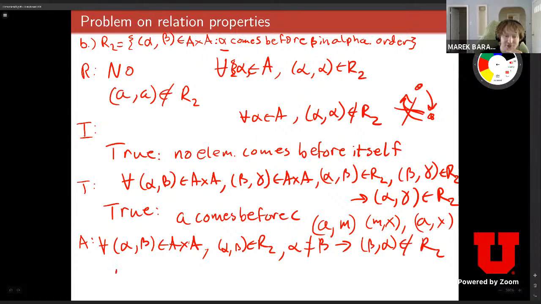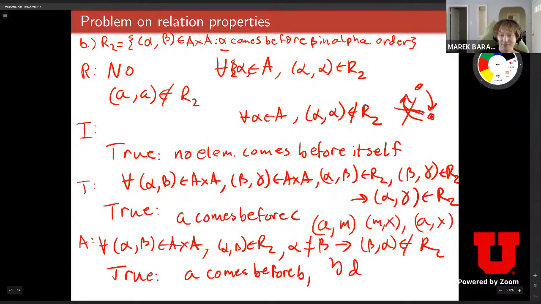This one is true for the same reason: if A comes before B, B doesn't come before A, for example.